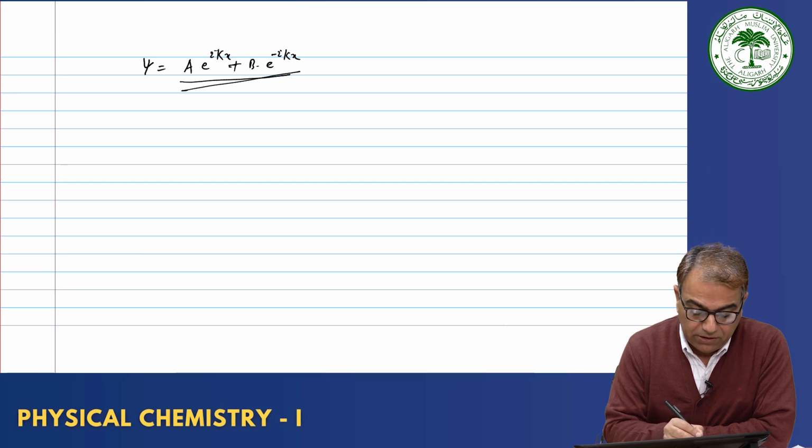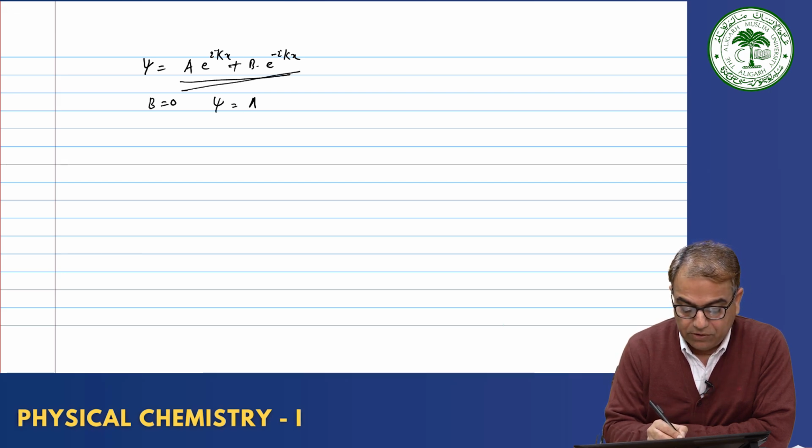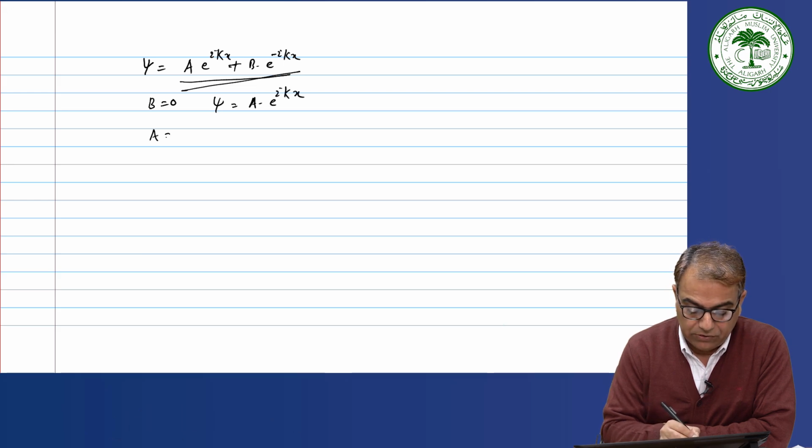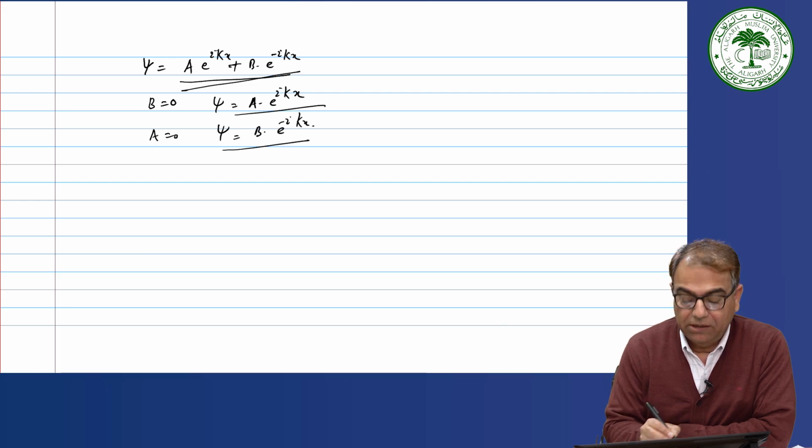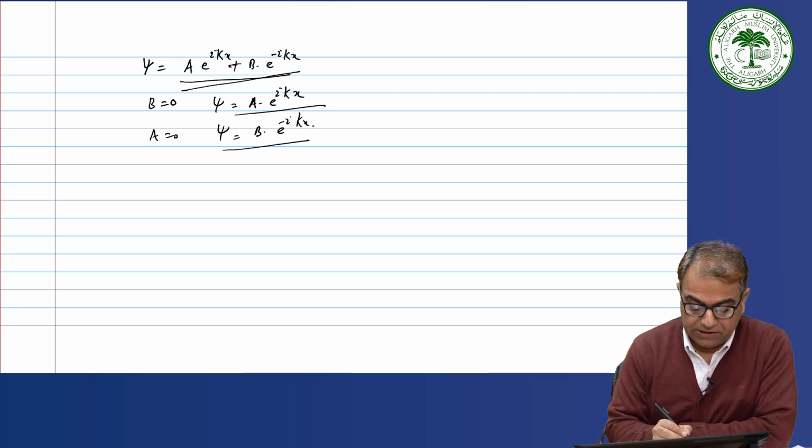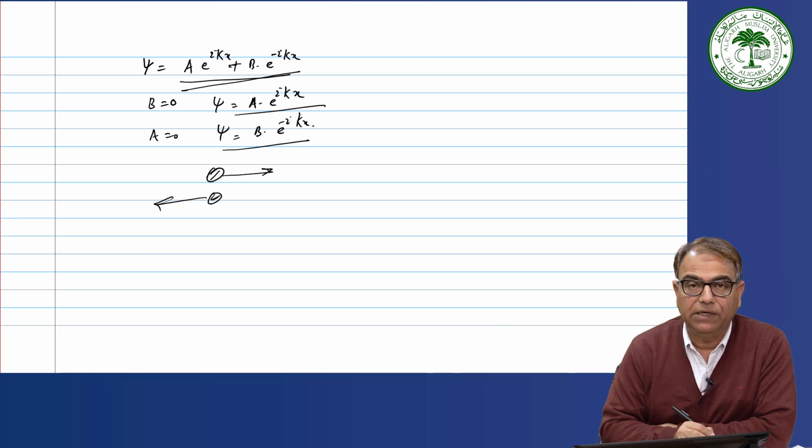When I talked about that, if you put b equal to 0, your psi becomes a exponential ikx, and if you put a equal to 0, then psi becomes b exponential minus ikx. Both represent momentum in the positive and negative direction, so in one case the particle is moving in this direction, and in the other case the particle is moving in this direction.